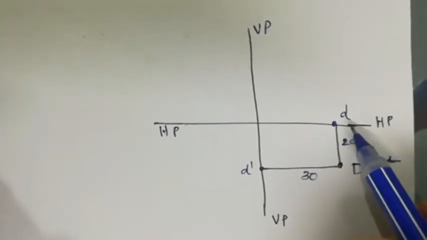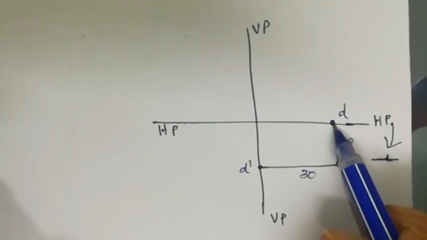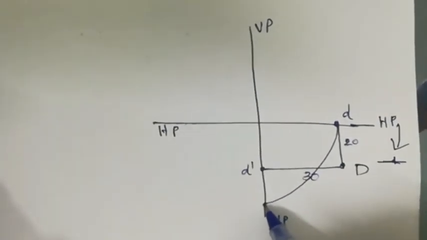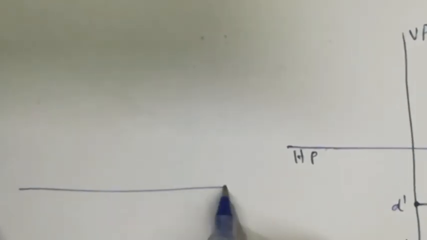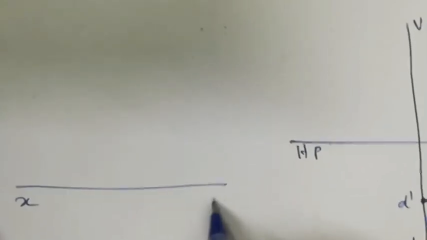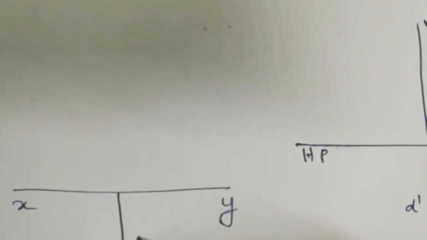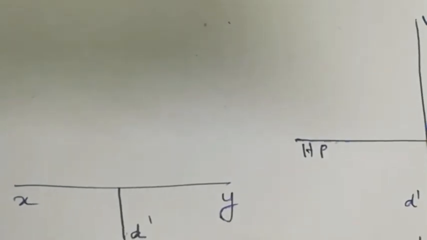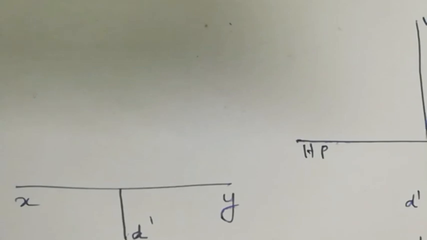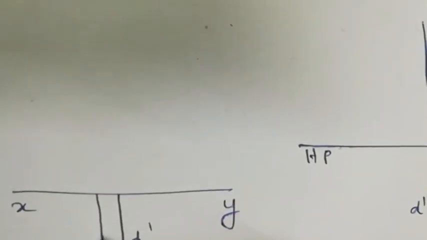Now when we rotate in the clockwise direction, this top view will be going here, so we get D. Now if you draw it separately, this is the XY line, a horizontal line, 20 mm below you will get D dash, then 30 mm below you will get D. Separately you can dimension this one.